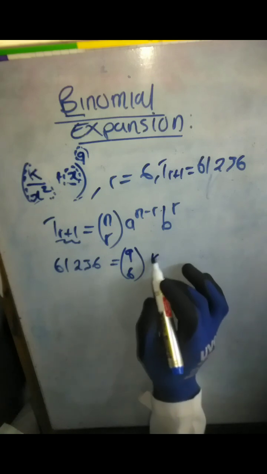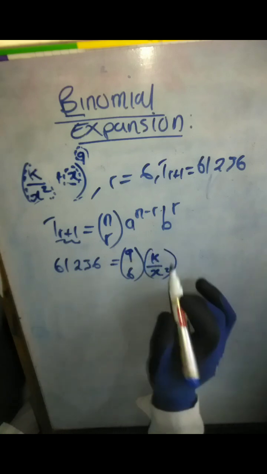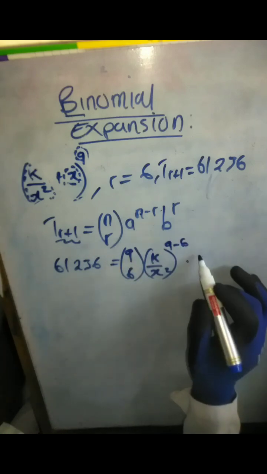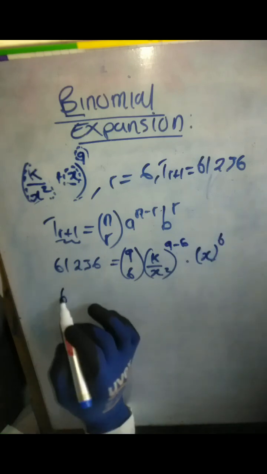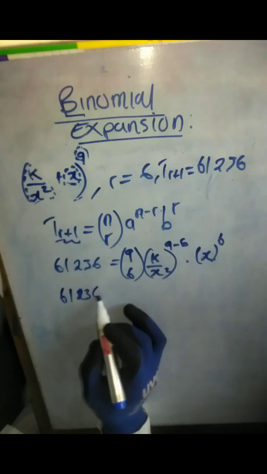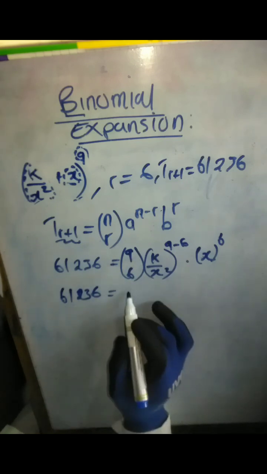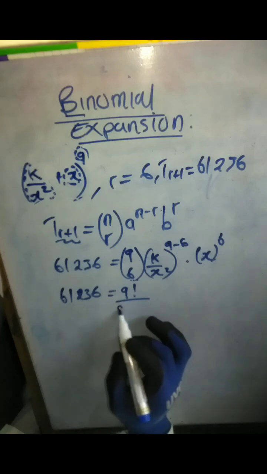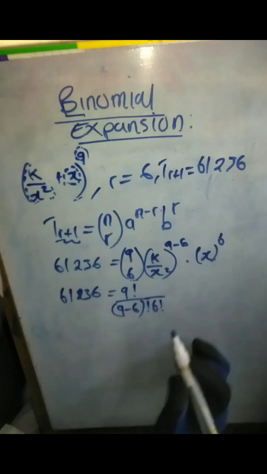Then our first term a is k over x squared, everything to the power n minus r, which is 9 minus 6, times our b, which is x to the power 6. So we have 61,236 equals 9 combine 6, which is the same as 9 factorial over (9 minus 6) factorial and 6 factorial. That's what the combination means.